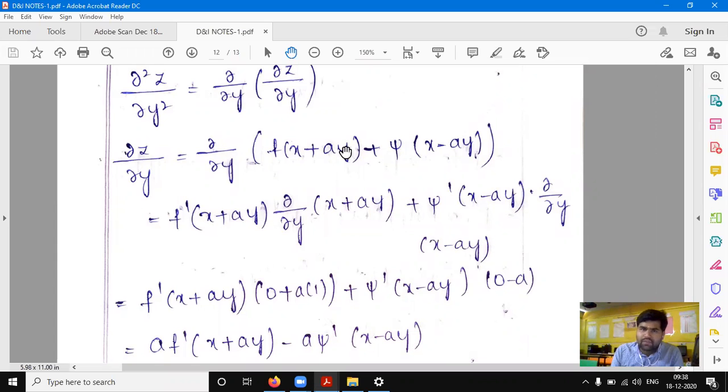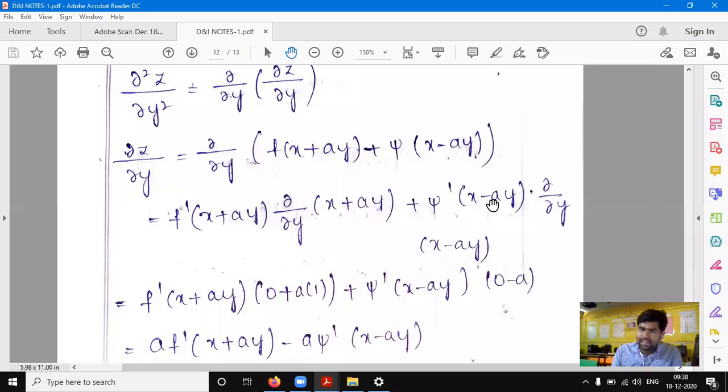In place of y a different term is there, so we again have to calculate the derivative of that term, ∂/∂y of x plus ay. Then plus psi dash of x minus ay, with ∂/∂y of x minus ay.